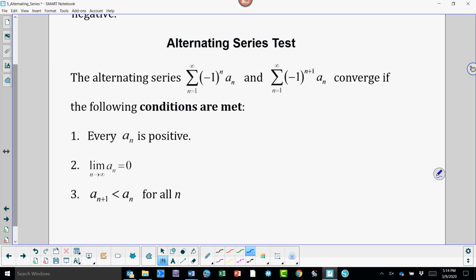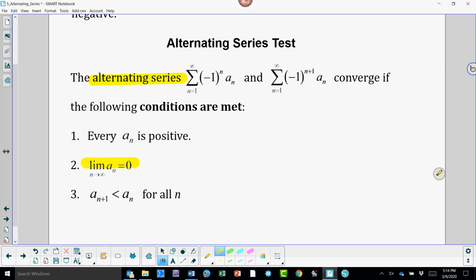So we know that if these conditions are met, then we will end up having an alternating series that converges. Now, I'm not going to actually have you ever state number one. You're first going to just say, hey, I have an alternating series.